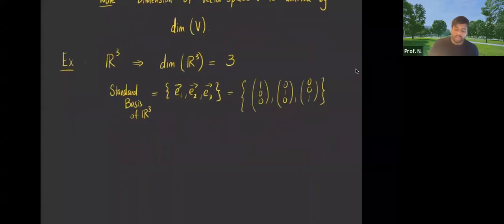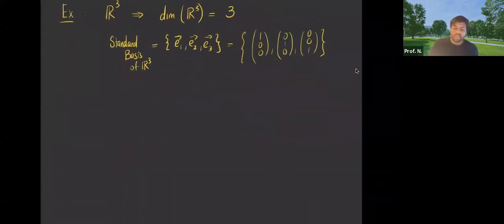Now, the question is, are there more than just this standard basis? And the answer is of course. And that's where we're headed to. We're headed to a world where we're not only going to be dealing with the standard basis anymore. As long as the three vectors that you give me are linearly independent and they span all of the space R3, then they are another basis set of vectors for R3.